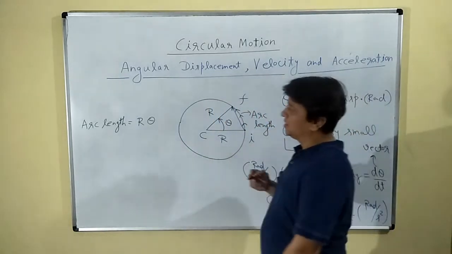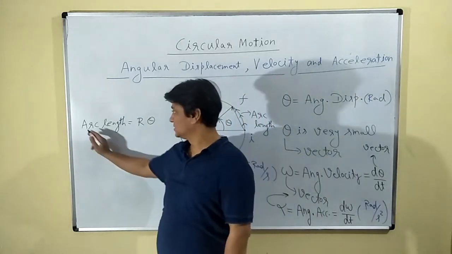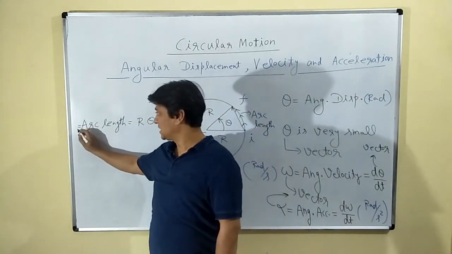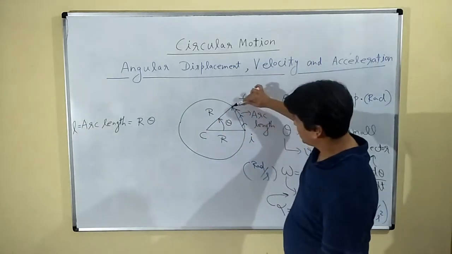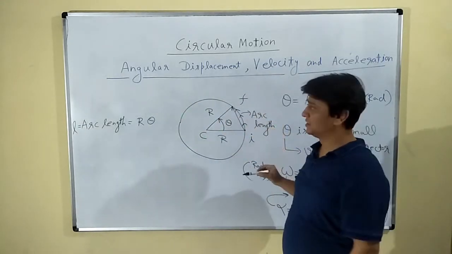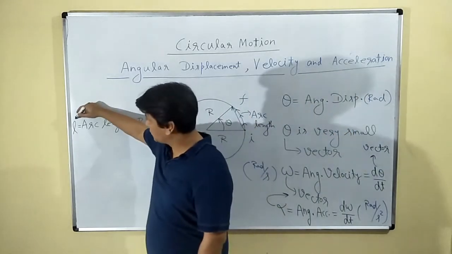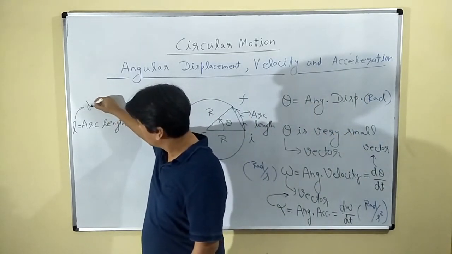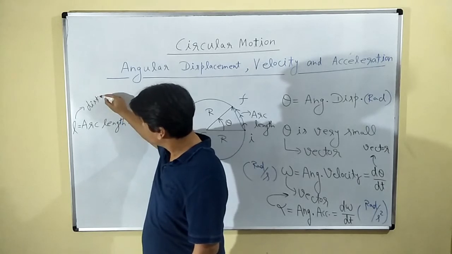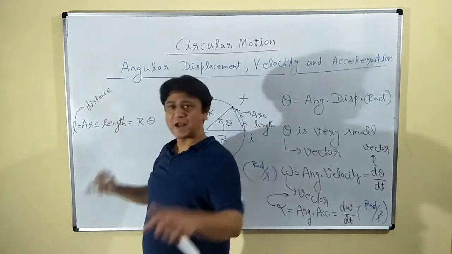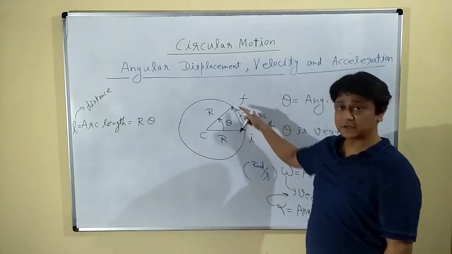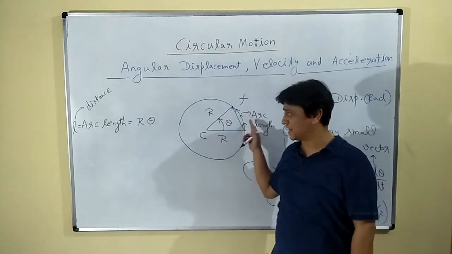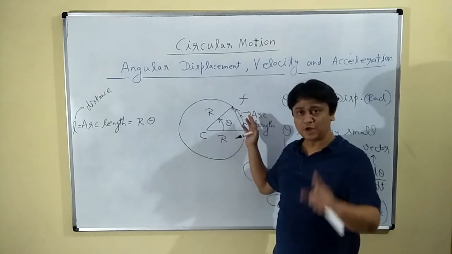In fact, a much better version is this. If somebody says that arc length or distance is L, this L is nothing but distance. But not any distance. That distance in which your distance from center as you move remains same.